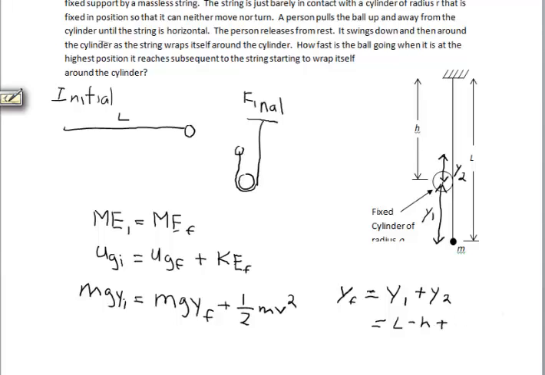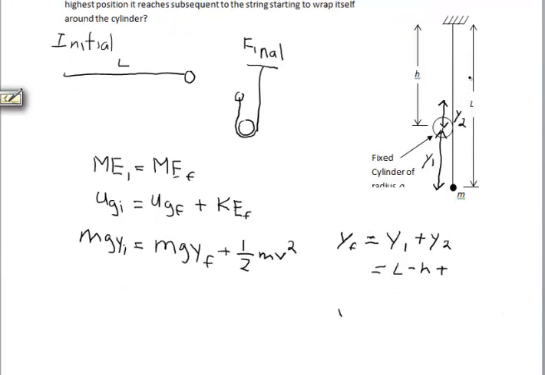y2, not so easy. Well, what I'm going to do is, we know L total, this whole length is all the string, so L total equals this length, part of it, h, plus the amount that wraps around. Since this is vertical, the highest position, it goes halfway around a circle. A full circle is 2 pi r.